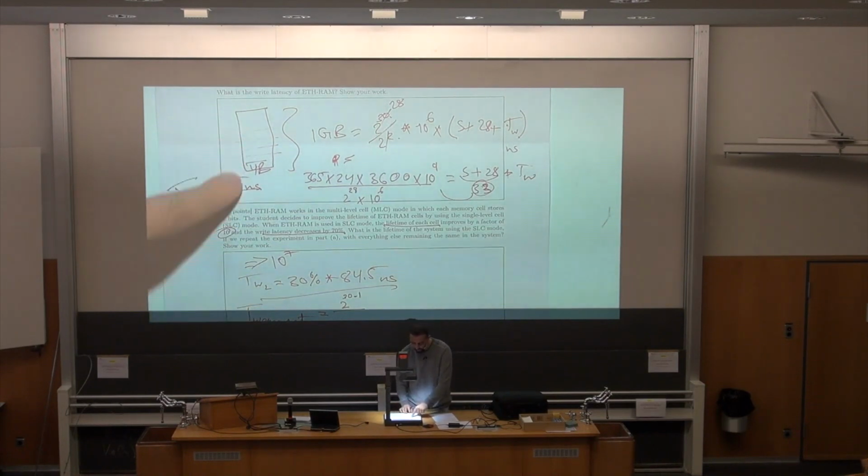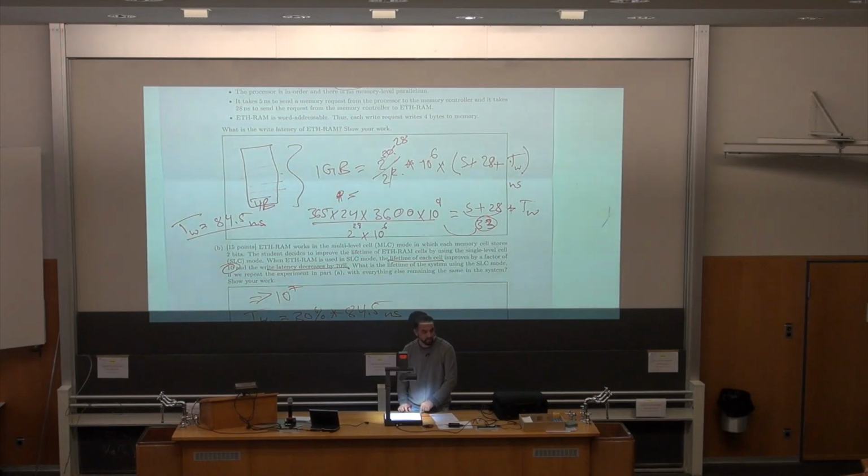And now we have how many rows there? Each row can afford 4 bytes, same thing, 2 to the power 2. Now multiplied by the new lifetime for each cell, which is 2 to the power 7, multiplied by the total time needed to send the request to the controller, from the controller to the RAM, and then the write latency.